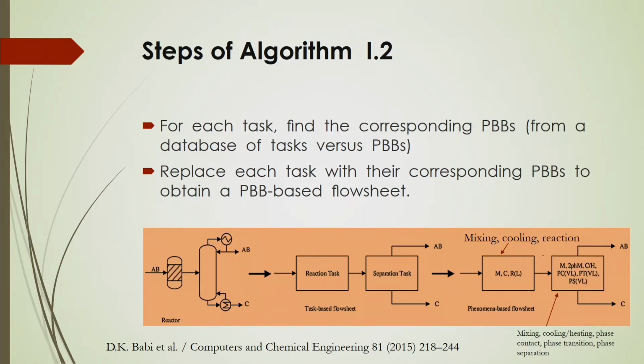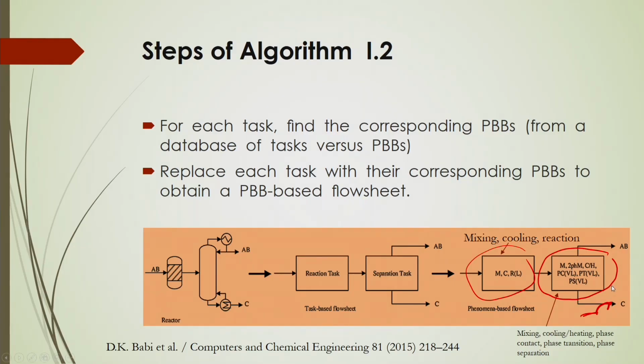After that a phenomena based flow sheet is formed based on phenomena like mixing, cooling and reaction. Based on this there is what is called the phenomena based flow sheet here, and after that you have to consider mixing, cooling, reaction, and how to separate those things by this flow sheet.